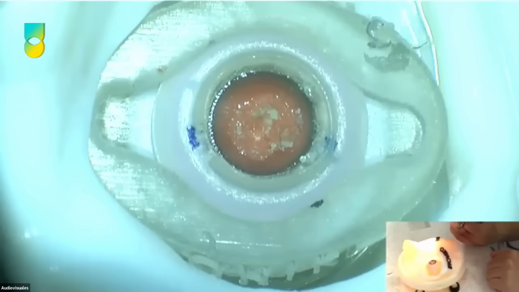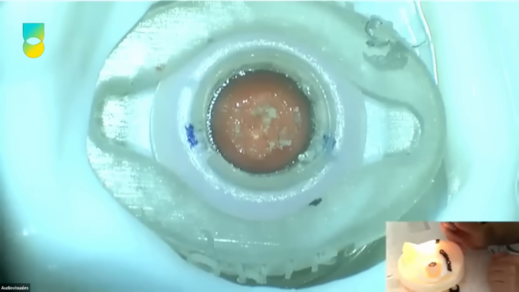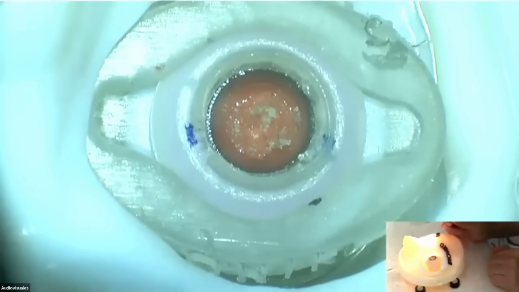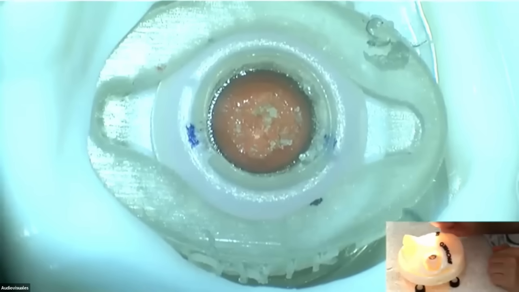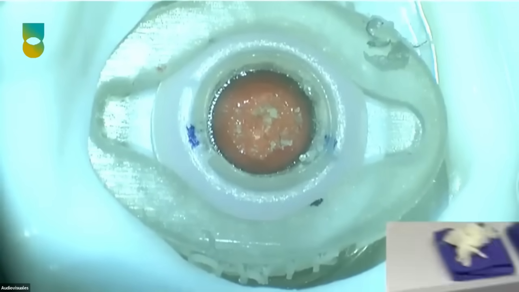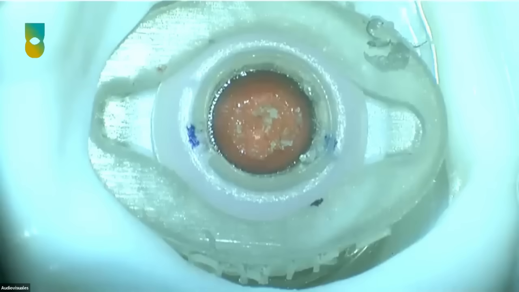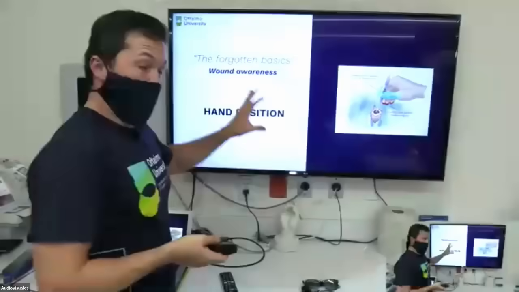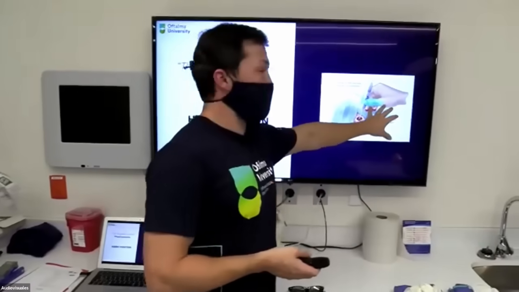Excellent, excellent. So as you can see, guys, she did an amazing capsulorhexis. She's very well trained, and we started from the hand position. Let's come back here. These are three things I really like. Let's see if that camera is seeing me. The hand position is very important because it's the stabilization point or the tension of the eye.